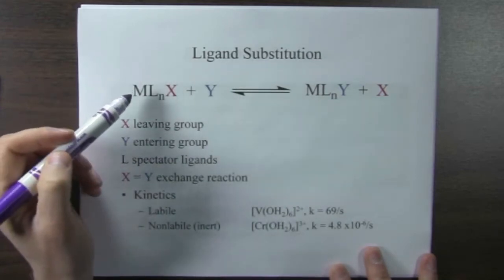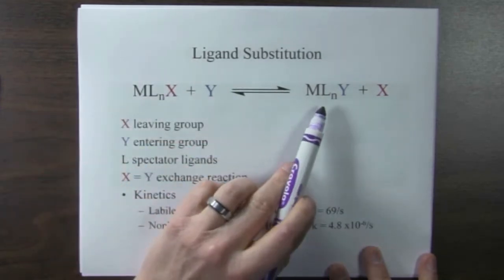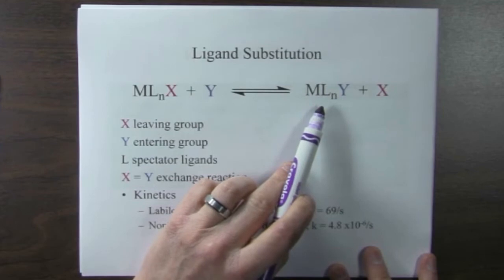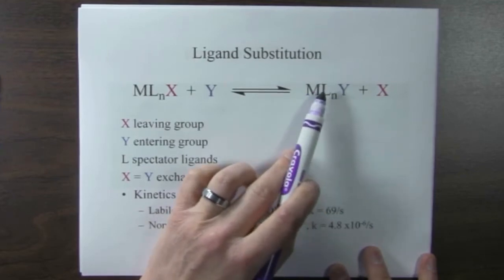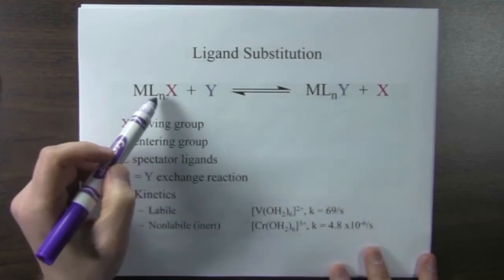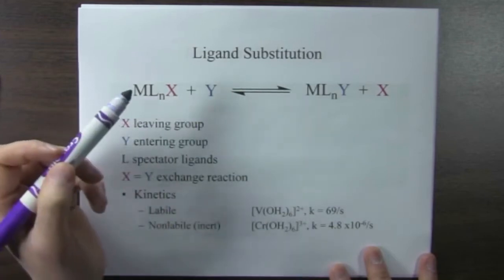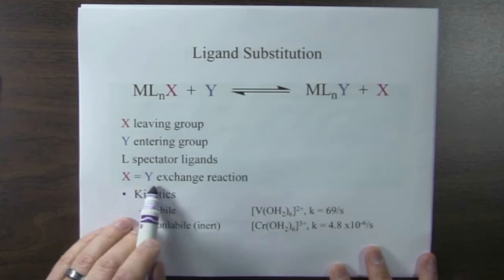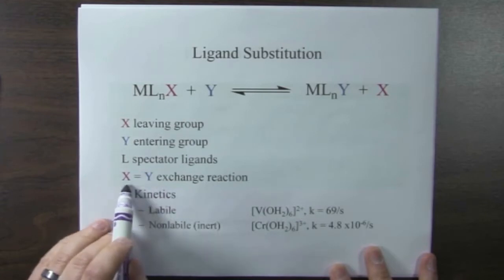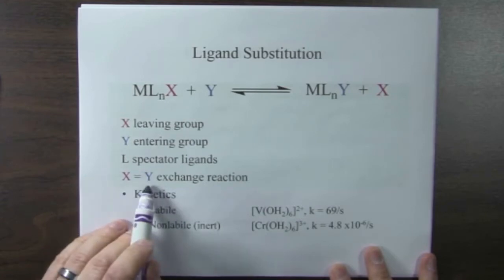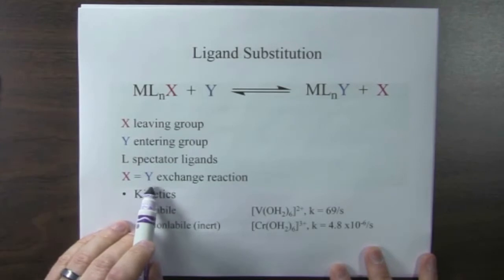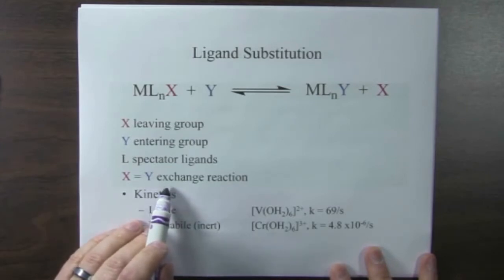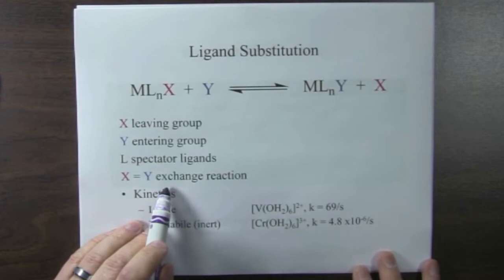And we've seen this ligand substitution reaction already when we looked at the formation of coordination complexes and replacing, say, a water ligand or solvent ligand with a ligand of interest. If we are replacing the leaving group with an entering group that is actually the same ligand, this is an exchange reaction or self-exchange reaction, and this actually occurs constantly.